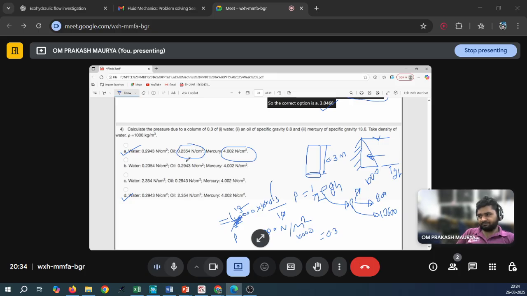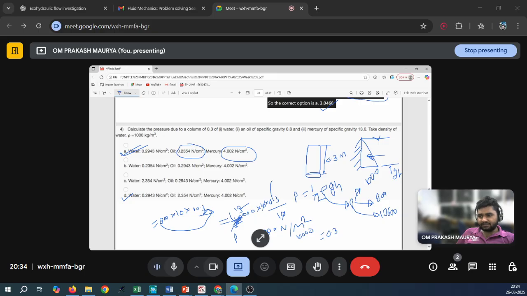This one, option A will be correct, because rho for oil is 800, g let us assume 10, and 0.3. Once you calculate, you will get 8 3s are 24.